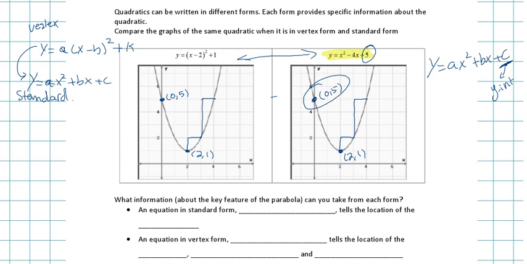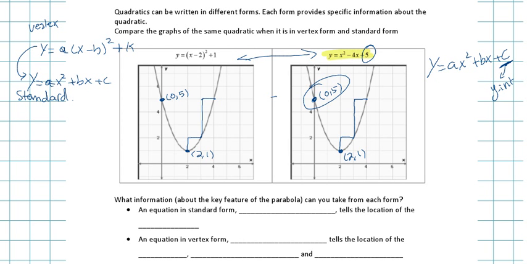So from the vertex form, I can find the vertex easily and I can graph it using the step pattern. We learned that last time. Good. From the standard form, I can only find the y-intercept. And I can't do anything else. I can't use no step pattern, no nothing. Okay? I have to do a table of values to graph it.